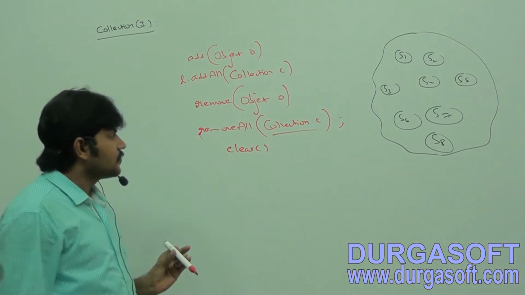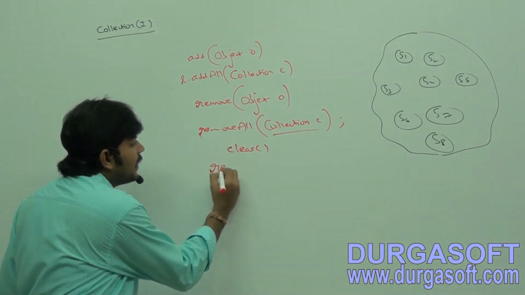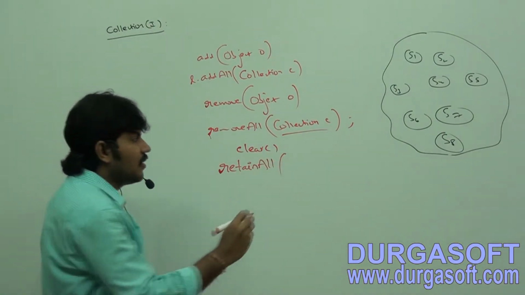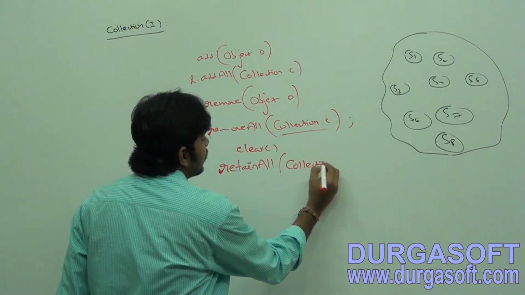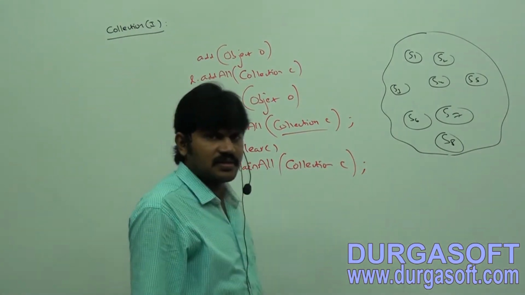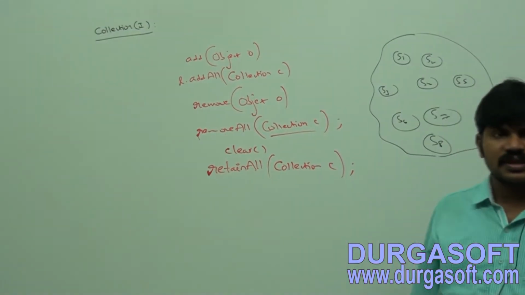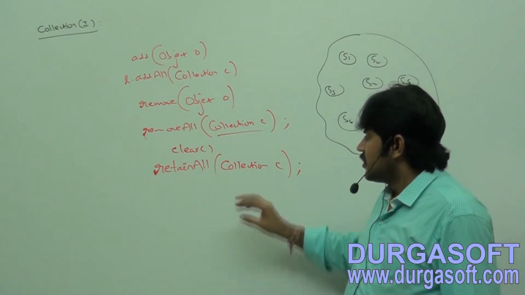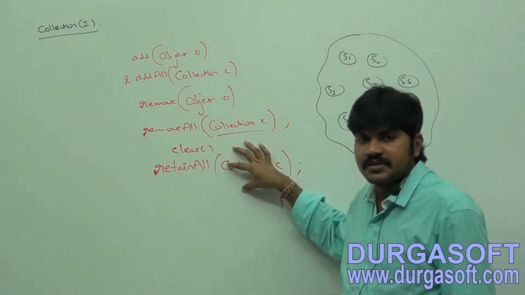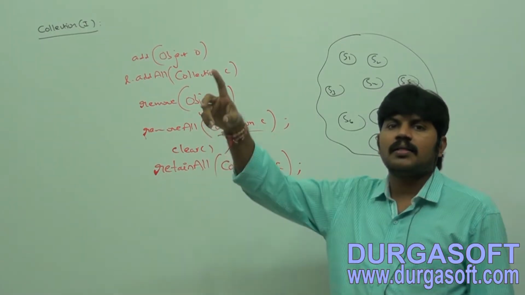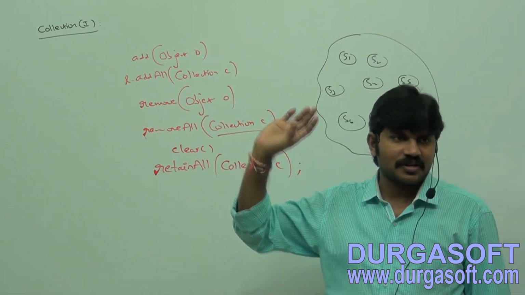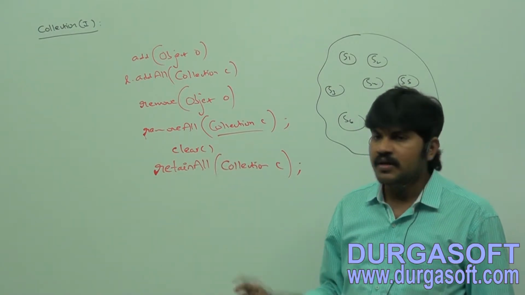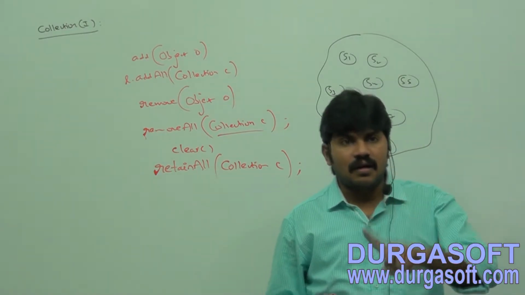There is one more method, make sure you are aware: retainAll. Sir, removeAll is there, but retainAll's argument is collection C. Retain all of collection C. What does it mean? Except this group of objects, all the remaining objects by default will be removed. Are you getting? Then we should go for retainAll.